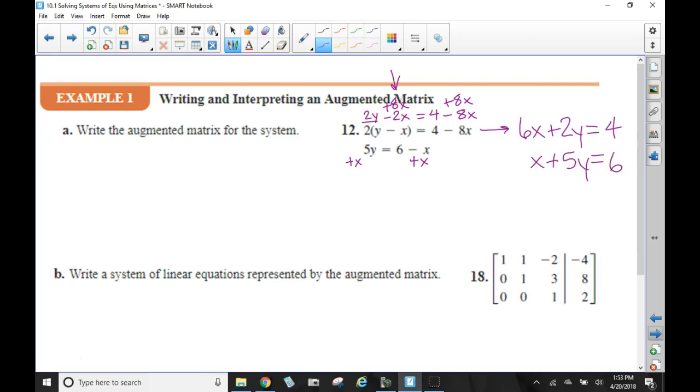So now the augmented matrix for this system is going to be a 6 here, then a positive 2, then let's write our vertical bar here, and then the 4. And in the bottom equation, we've got an understood lead coefficient for the x of 1, and then a 5 and a 6.